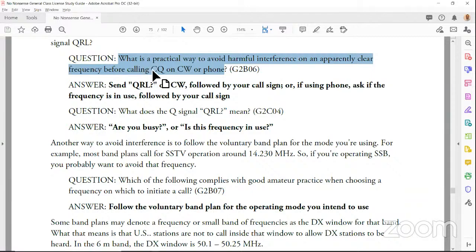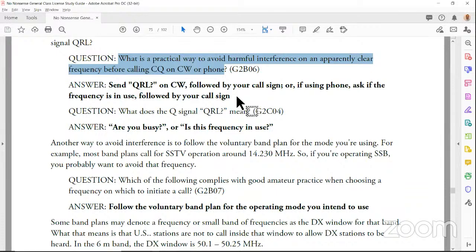What should we do? We learned last class that if it's on CW, you send a QRL followed by a call sign. Or if you're using phone, which is voice, such as SSB, ask if the frequency is in use, followed by a call sign. So that is the proper way before you go ahead and use a frequency.